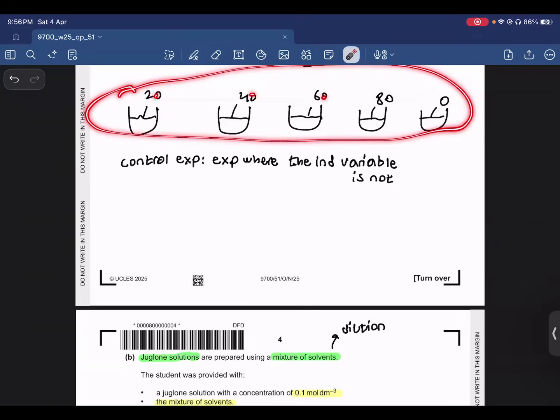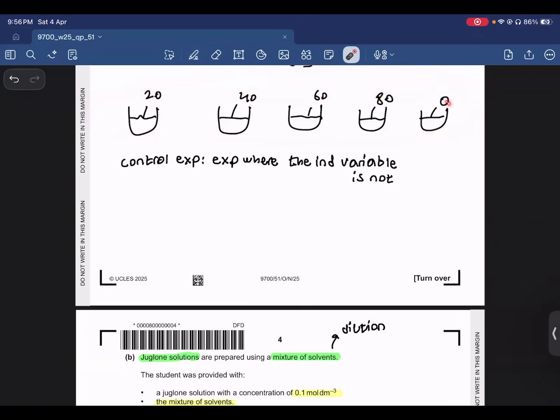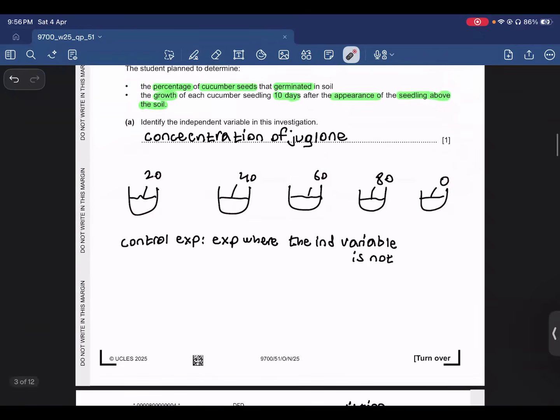सो डिफरेंट टेम्परेचर्स ऑफ वाटर, इन दिस केस क्या टेम्परेचर ऑफ वाटर हमारा इंडिपेंडेंट वेरिएबल है? No. So what's going to be our independent variable, as in what are we changing from container to container?